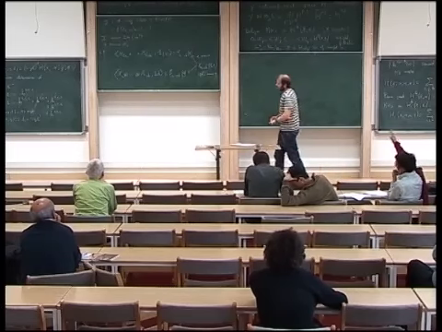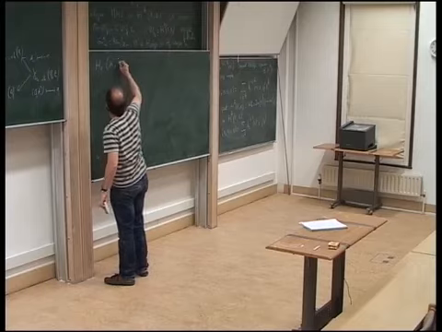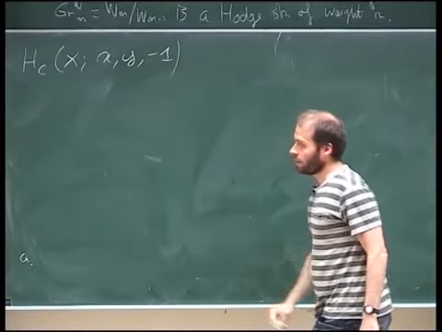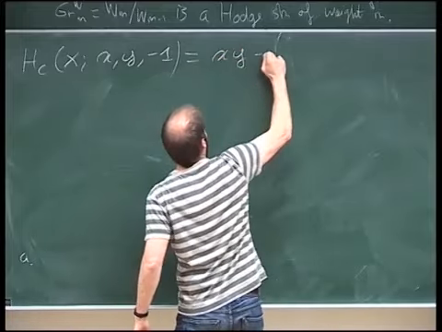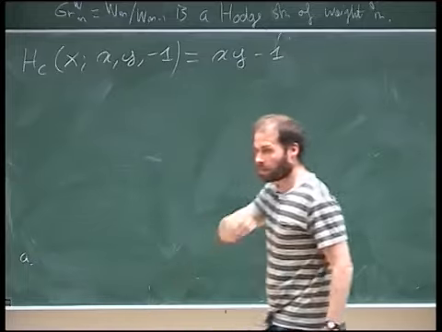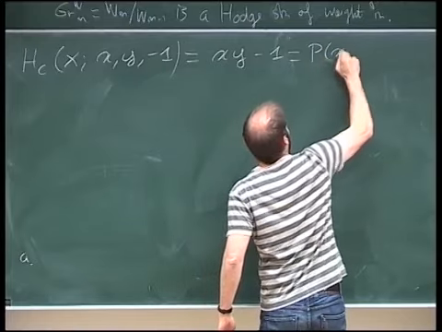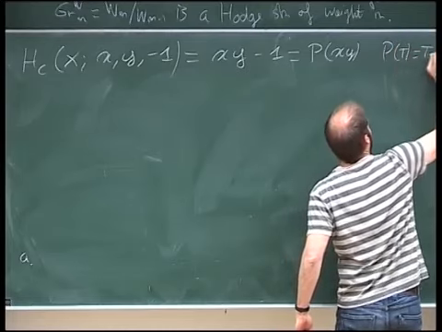So then, if you take this specialization, in the same example, and you put -1 here, then you have xy minus 1, right? And you can write it as p of xy, where p is this polynomial, t minus 1.